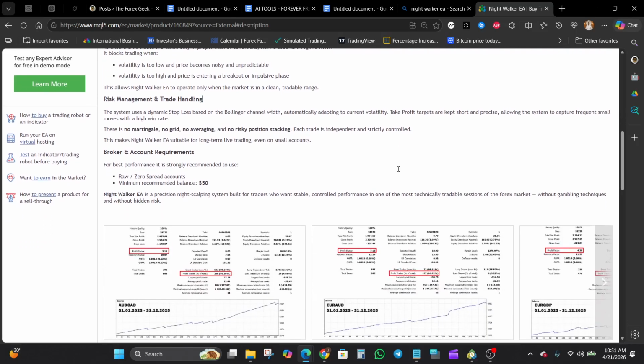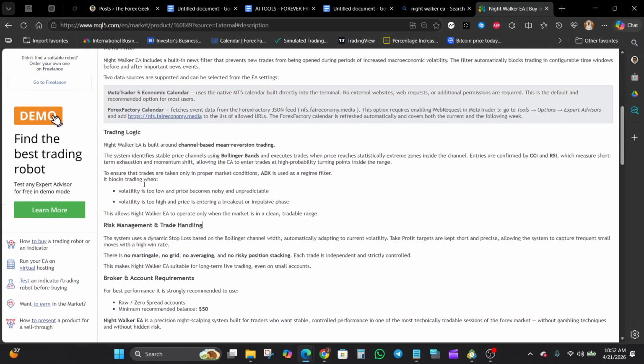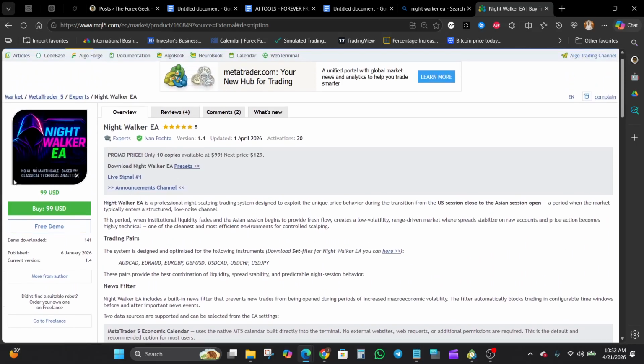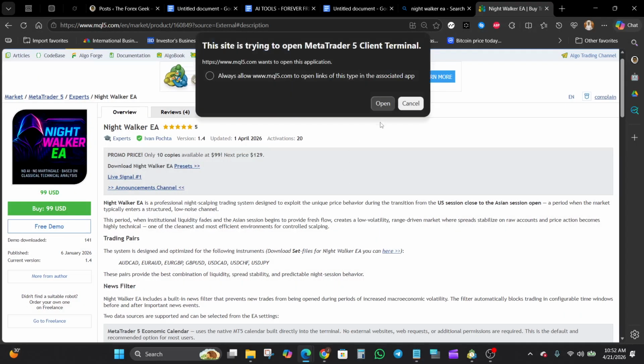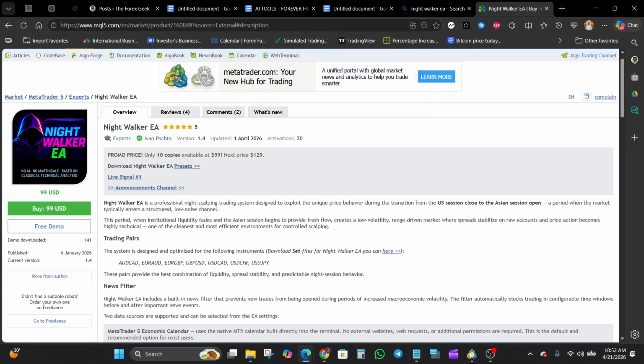Now, one limitation to keep in mind is that because it is very condition specific, there will naturally be periods where the EA simply does not trade much, but that is by design, not a flaw. Okay, so let us move into the strategy tester now and see how this EA actually behaves.